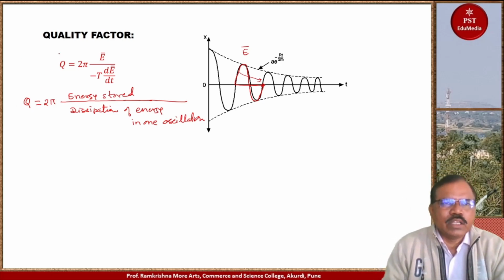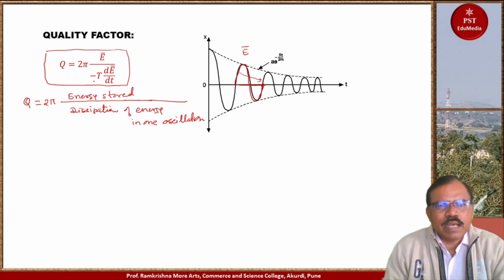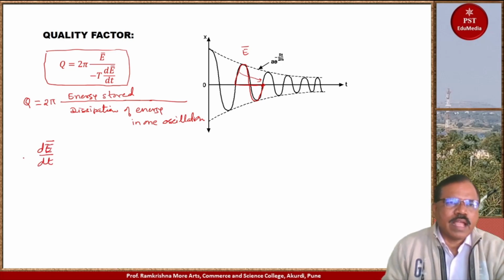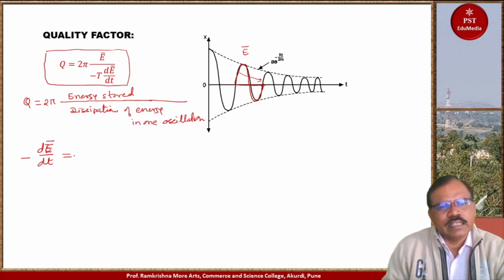So I can write Q is equal to 2 pi times E bar upon minus dE bar by dt multiplied by T. Now what is dE bar by dt? It is the rate of change of energy, and with the minus sign it means the rate of decrease in energy.